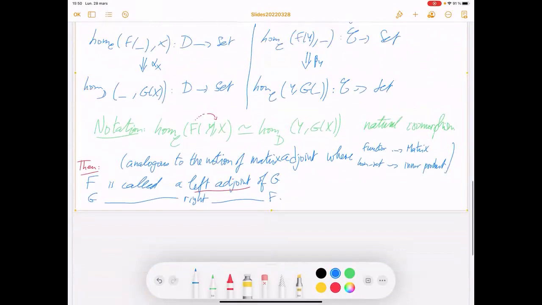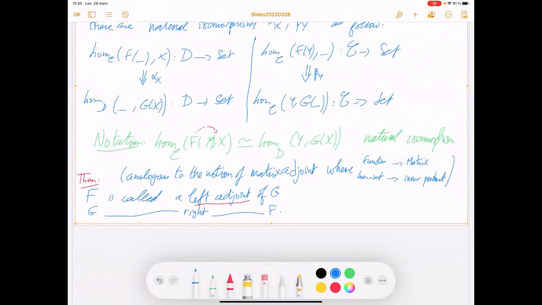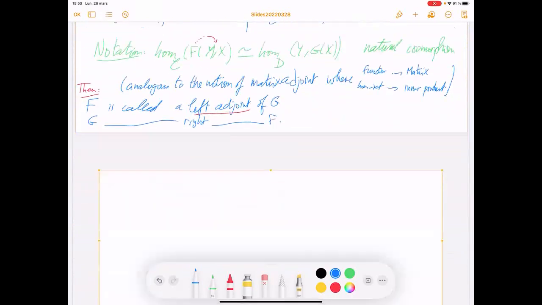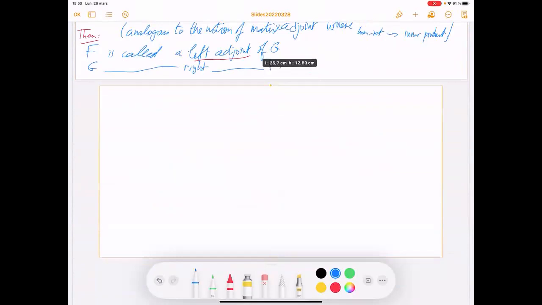So now, what is the relation with the notion of left dual of an object we already defined before?